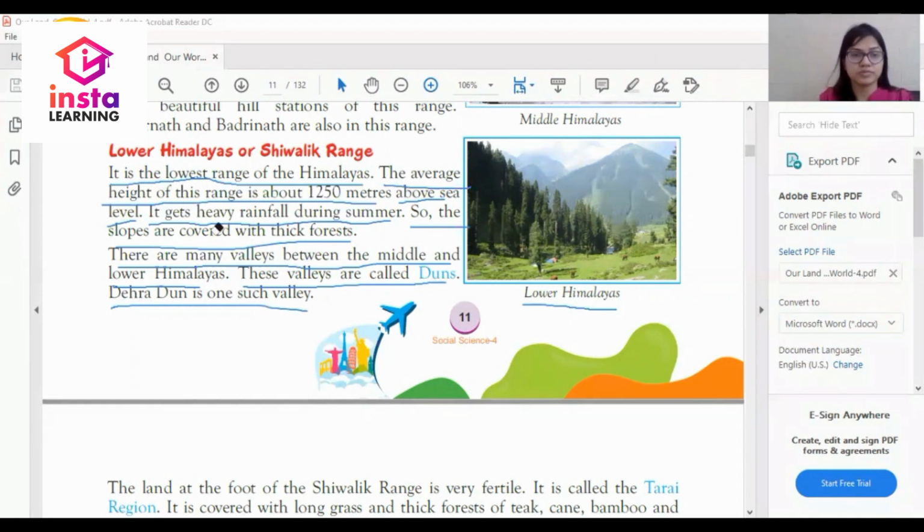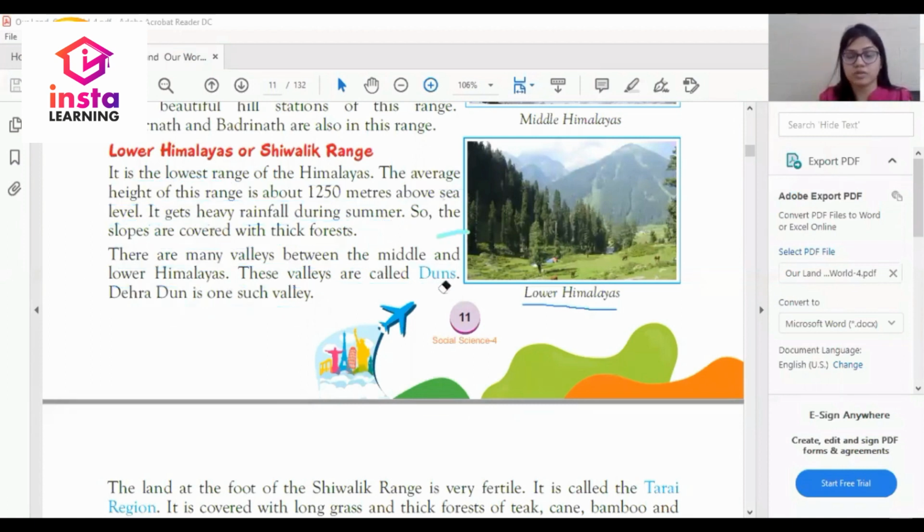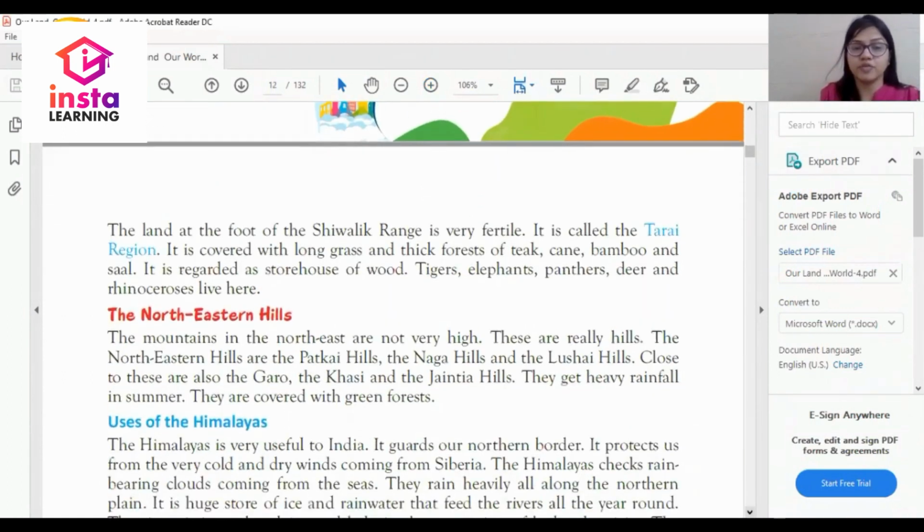So the land at the foot of Shivalik range is very fertile. It is also called the Tarai region.